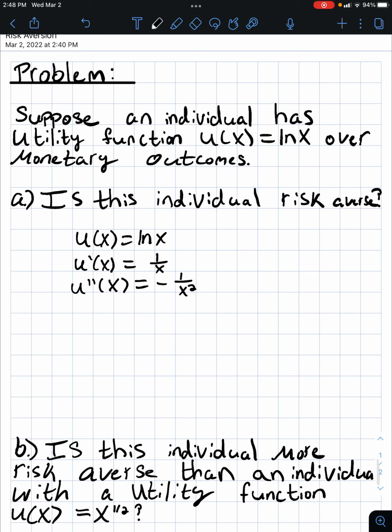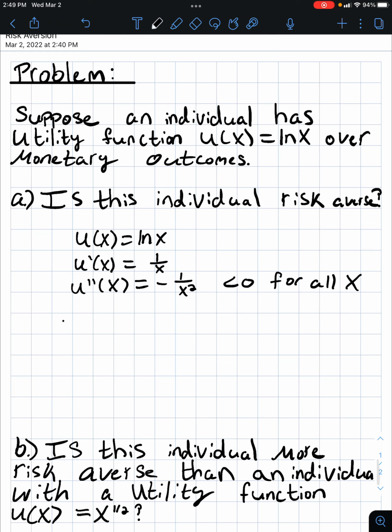Now, is negative 1 over x squared less than 0 for all x? Yes, it is. So negative 1 over x squared is less than 0 for all of x. Doesn't matter what we plug in for x, 1, negative 2, negative 3, negative 100, still negative. So it exists a strictly concave relationship.